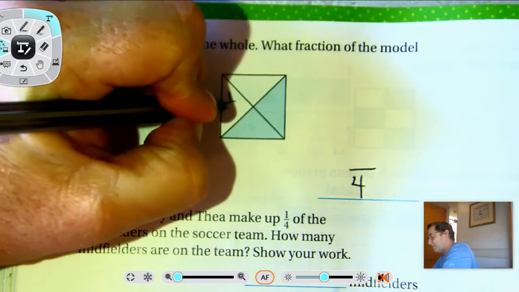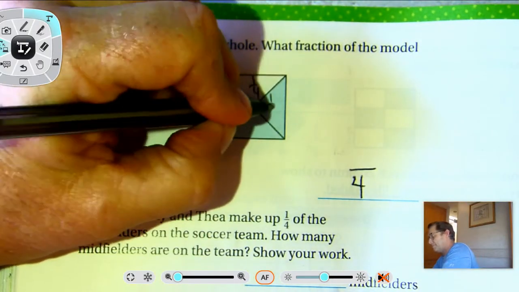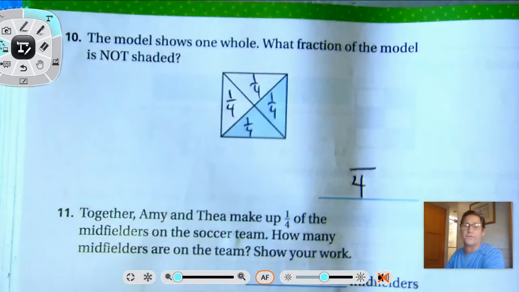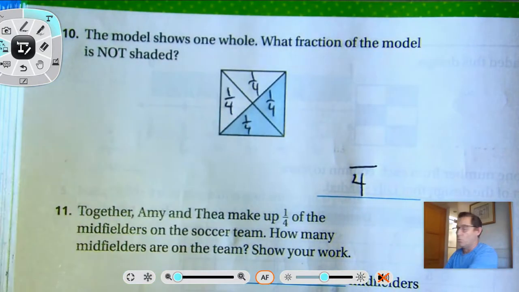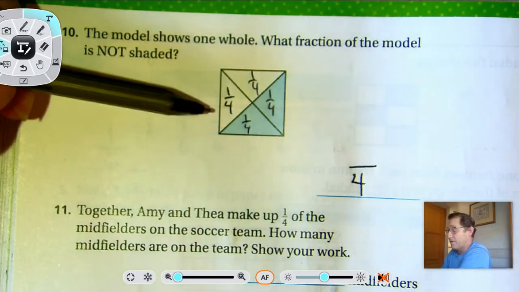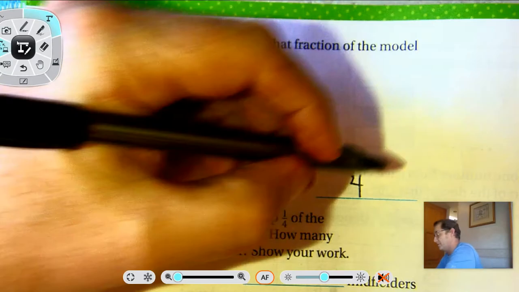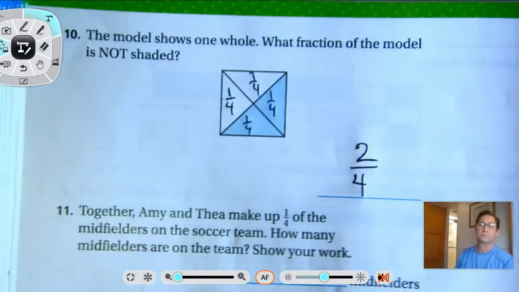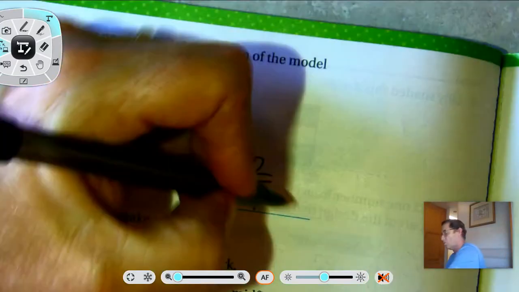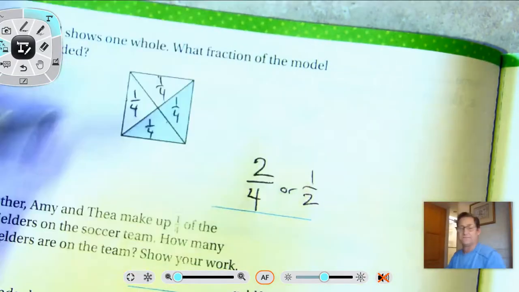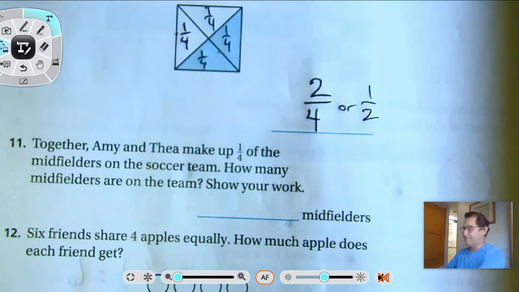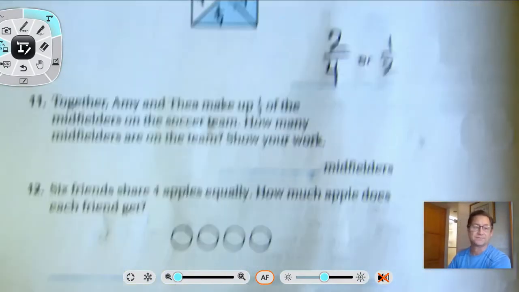And each part is 1/4. Well, the white area is not shaded, right? So how many parts are not shaded? 1/4, 2/4. So 2/4. Or we could say 1/2. Okay, half of that square is not shaded.